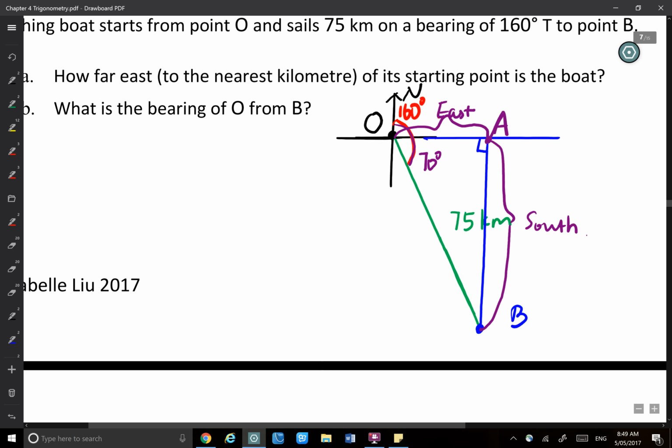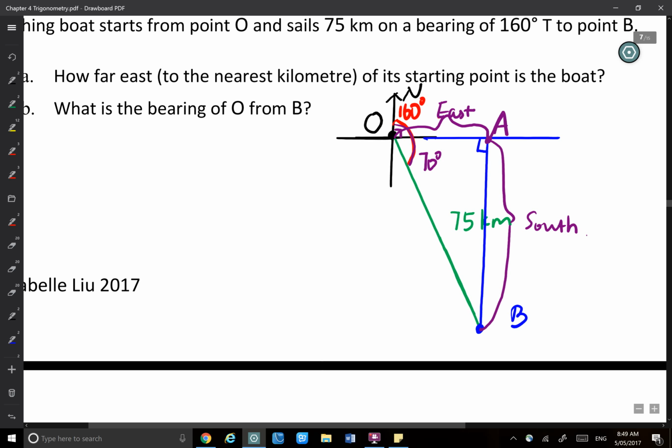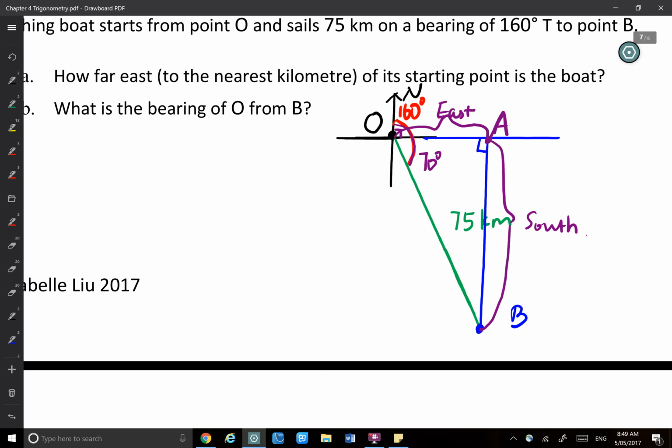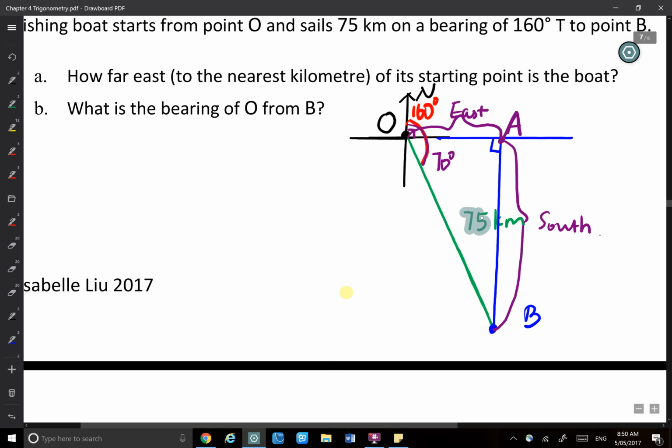AOB is 70 degrees because it's 160 minus the 90 degrees. So this is a right angle triangle, and for the 70 degrees, OA is the adjacent. OB, 75 kilometers, is the hypotenuse.